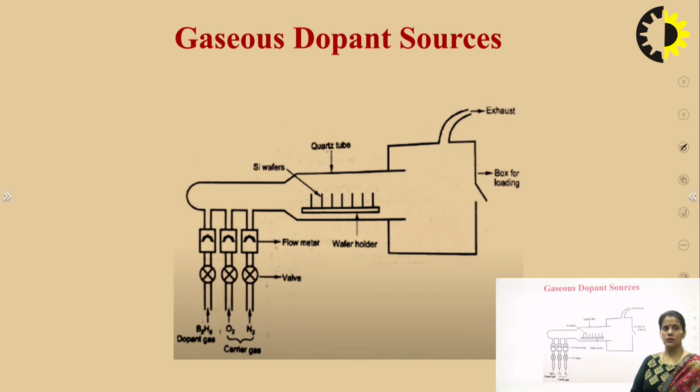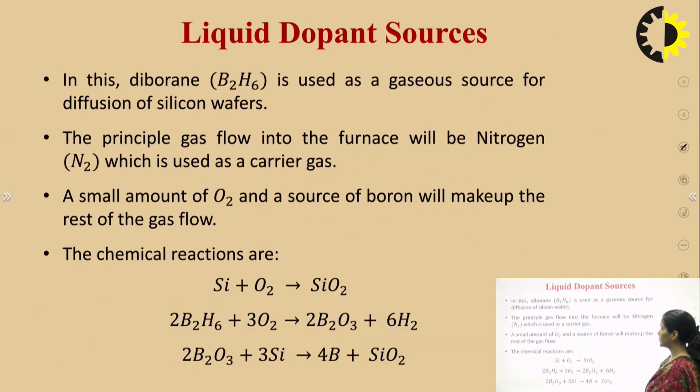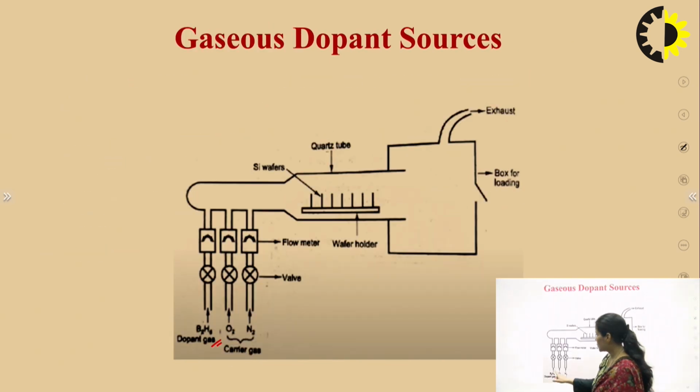And in the gaseous dopant sources, the gaseous dopant is itself one of the components which are going through these nozzles, through these tubes. One is carrying the dopant gas, that is the diborane, B2H6, which is passed towards the tube.